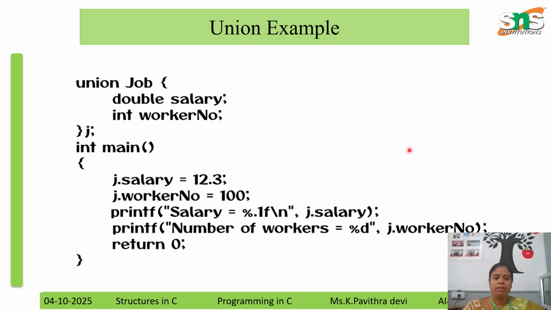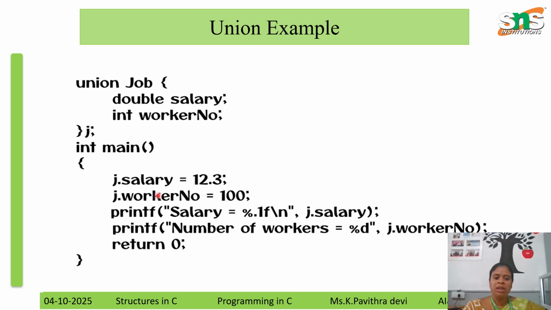Next one, union examples. Here we will create the union. The union name is job. In the user definition, we declare the variables: double salary, integer worker number, and close with the union variable name j. Then go to the main function. The union data type named job has members double and integer, and a string character we also use.